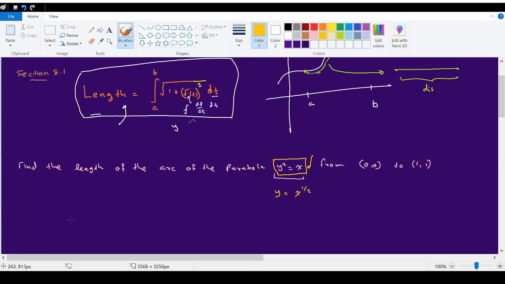So we have written down x as a function of y, which is equal to y squared.